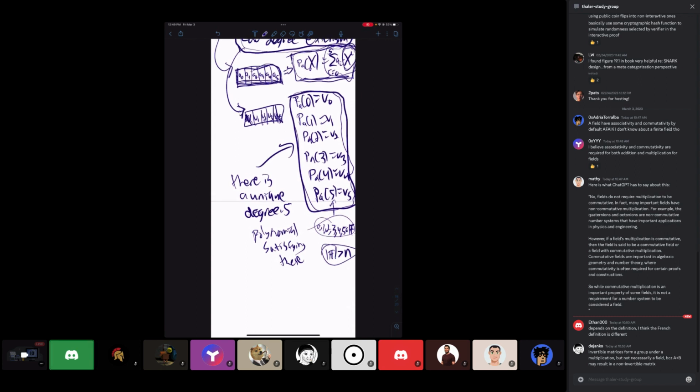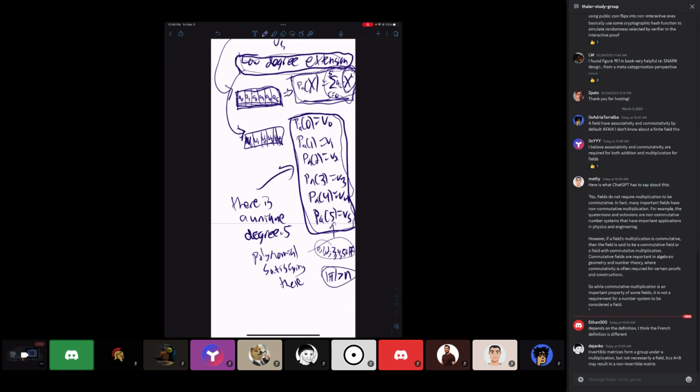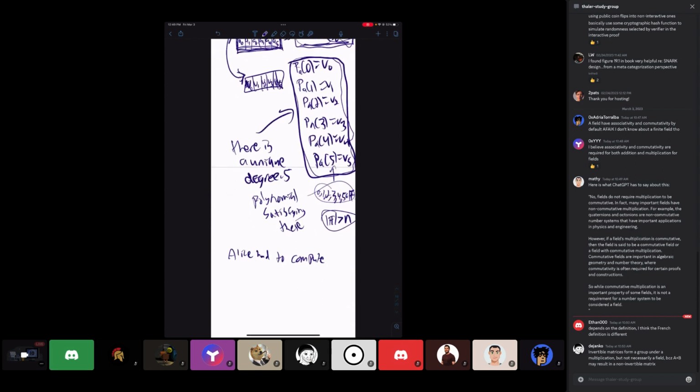So let's say I'm in the protocol that we saw today using the Reed-Solomon encoding. Alice had to compute PA of R, where PA is Reed-Solomon.